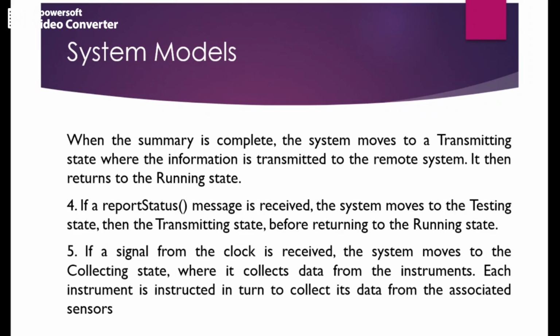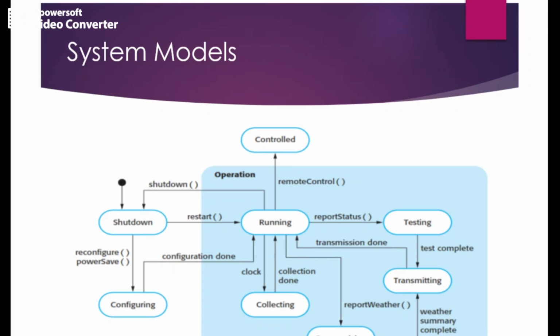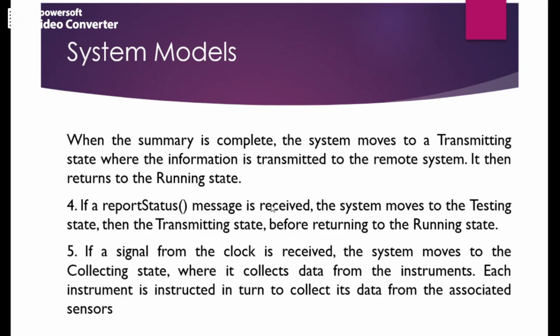It means the information can be transmitted to the remote system. From the remote system, can you see transmission done? So from the transmitting state, it will move to running state. There the transmission is done. It then returns to the running state.